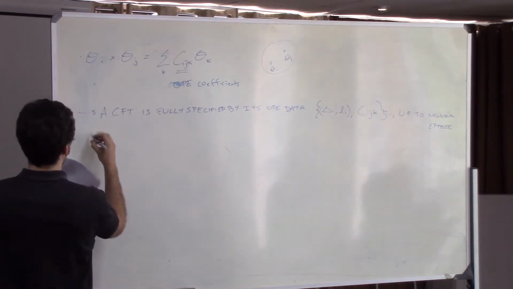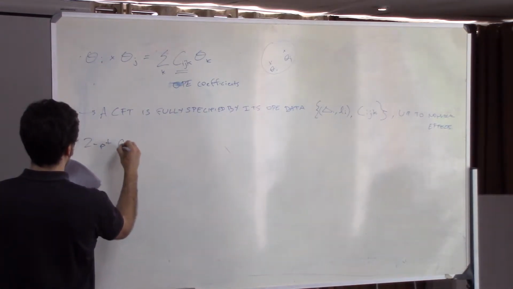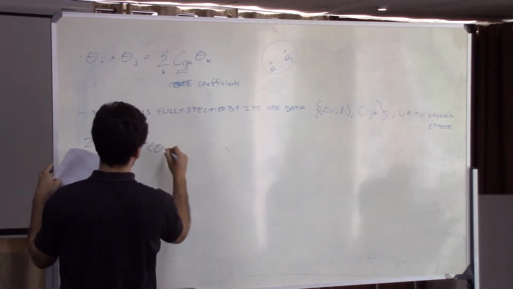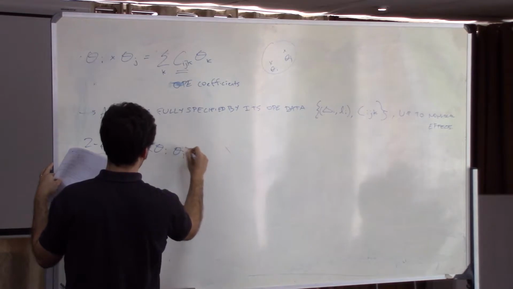So, let's look at a 2-point function of operators O_I, O_J.